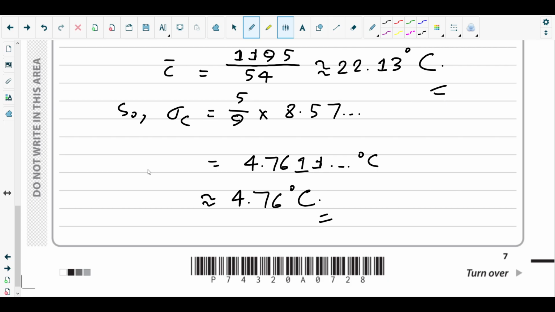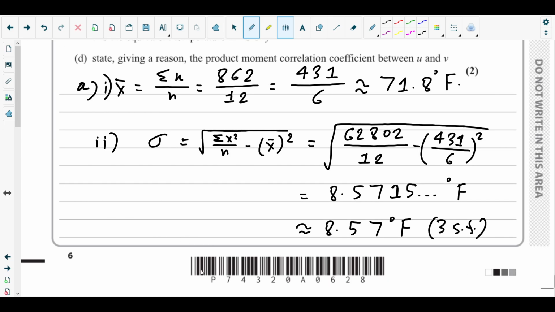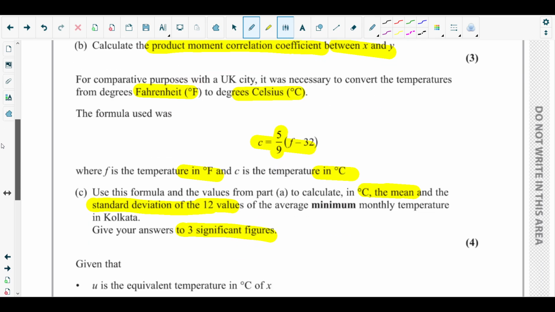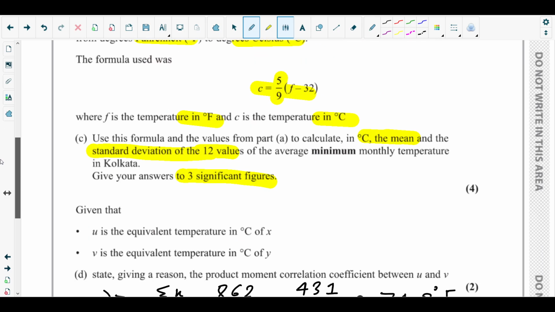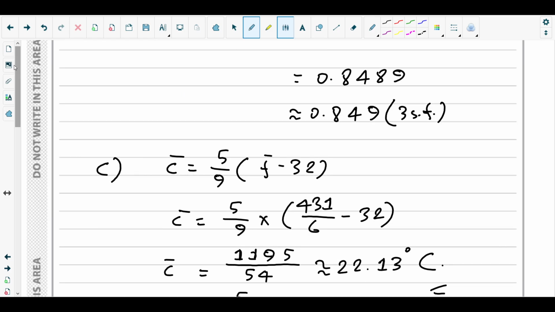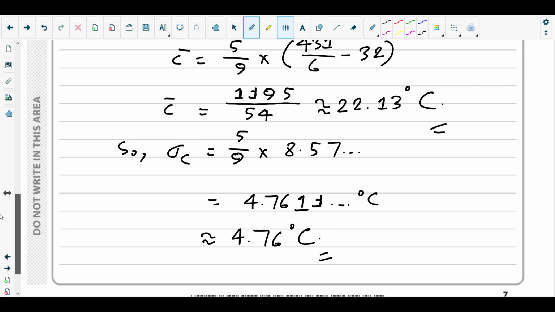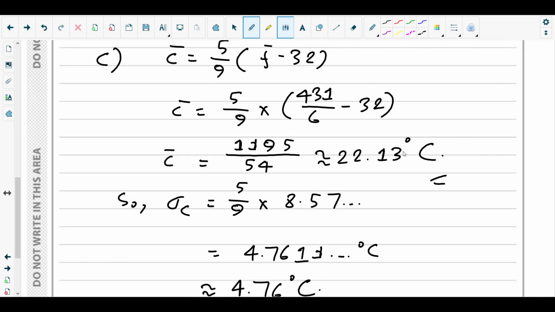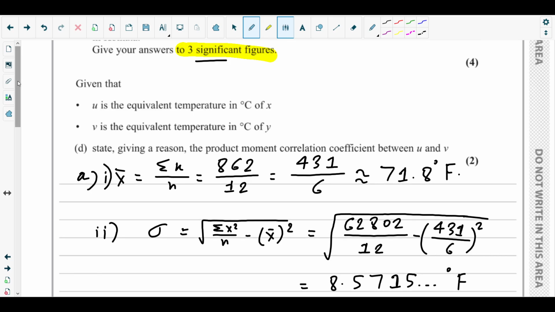Done. Next is part D. In part D they said to 3 significant figures. For 3 significant figures, the value for the mean should be 22.1 degrees Celsius.